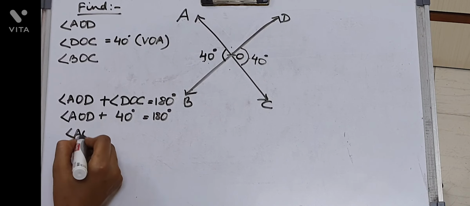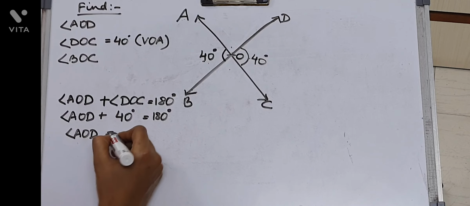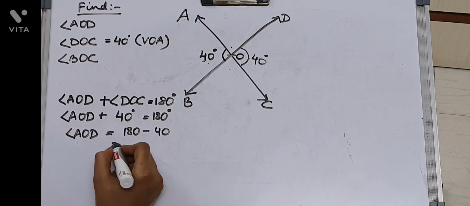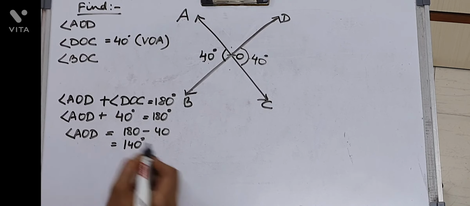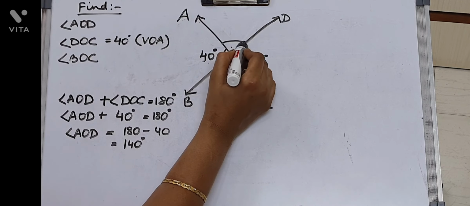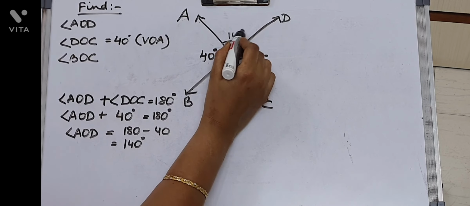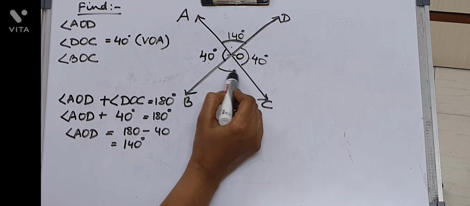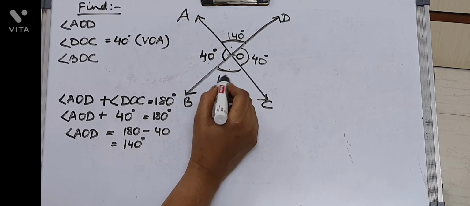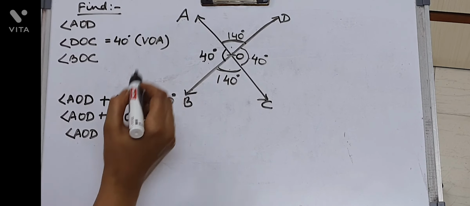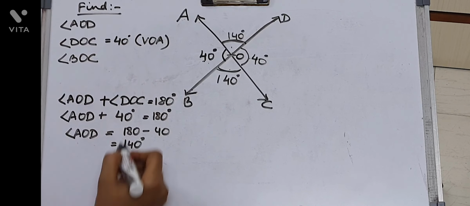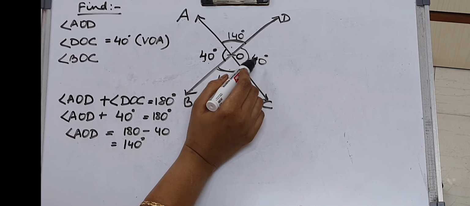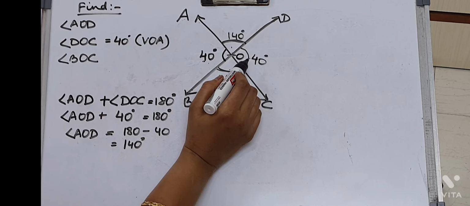So angle AOD is equal to 180 minus 40, which is 140 degrees. Now when this is 140 degrees, again there is a vertically opposite angle. This is 140 degrees, since vertically opposite angles are equal. So this uses both concepts here, adjacent angle and vertically opposite angle.